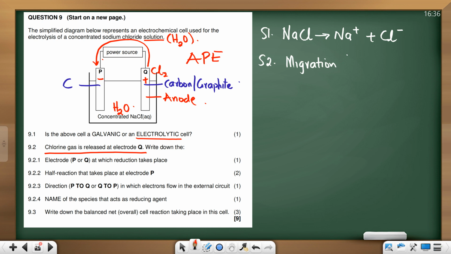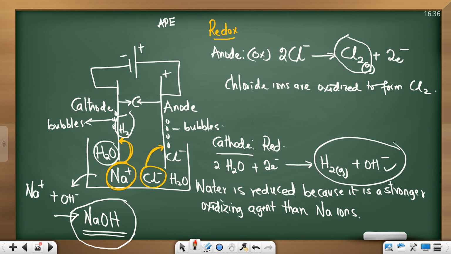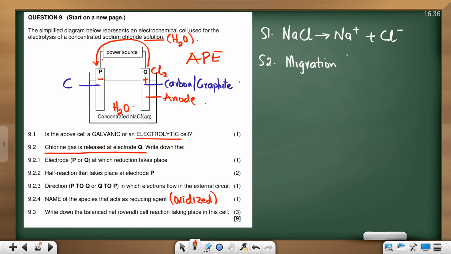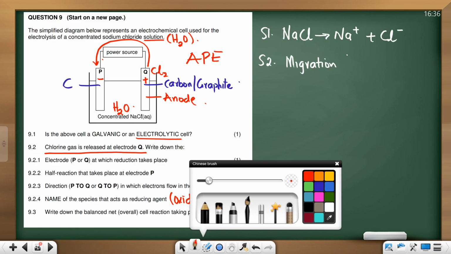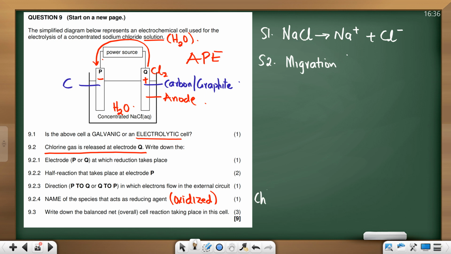Name of the species that acts as reducing agent. A reducing agent is oxidized. Let's go to our half reaction. Which one is oxidized? Chloride ions. Do you see, guys? Chloride ions are oxidized.